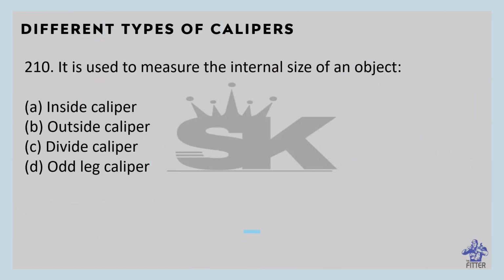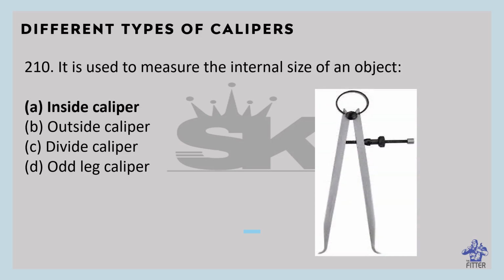It is used to measure the internal size of an object, that is inside caliper. You can see this is the inside caliper. Okay, these are available in 75, 100, 150, 200 and 300 mm sizes. The calipers are of two types, such as simple inside caliper and spring inside caliper.